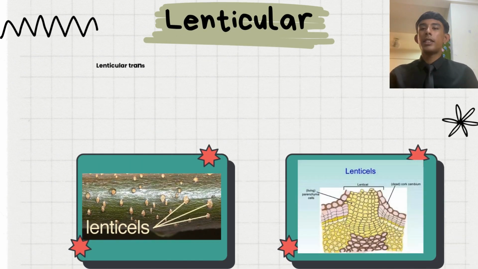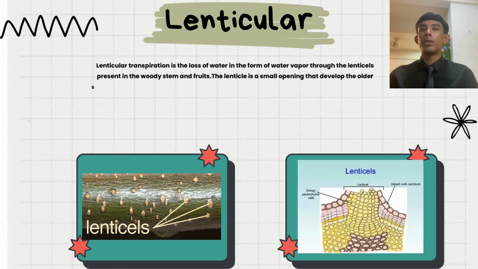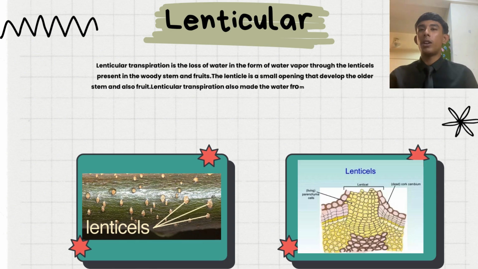Second, lenticular transpiration. Lenticular transpiration is the loss of water in the form of water vapor through lenticels, present in the woody stems and fruits. The lenticels are small openings that develop on the older stem and also on fruits.